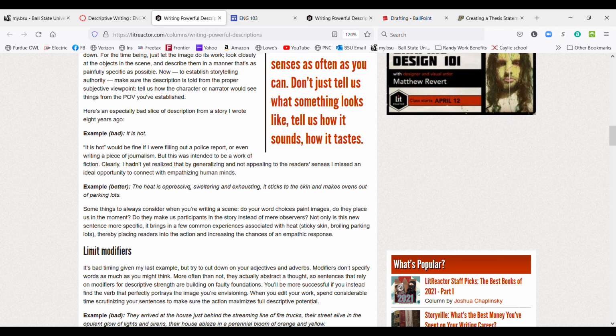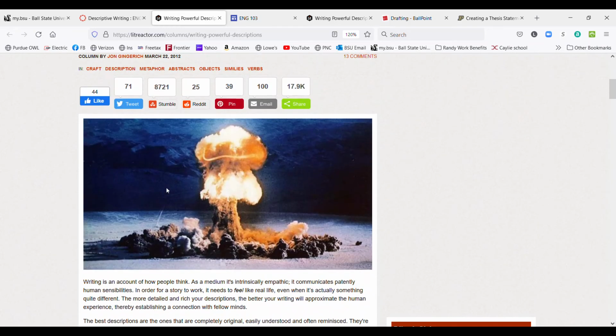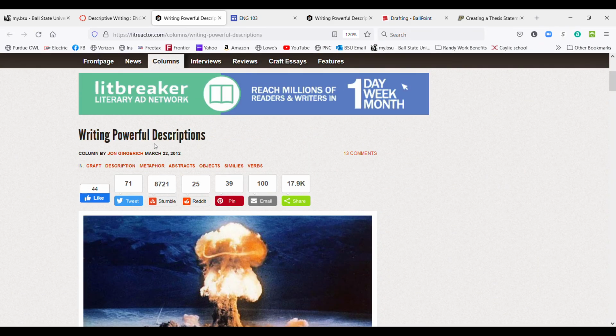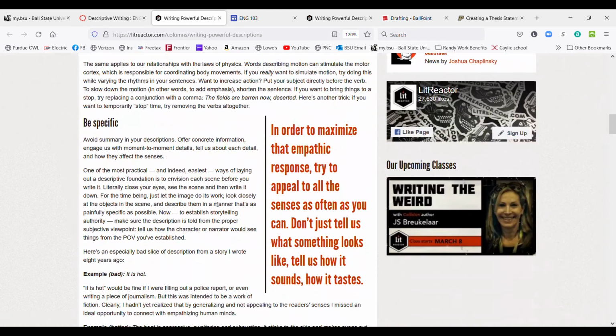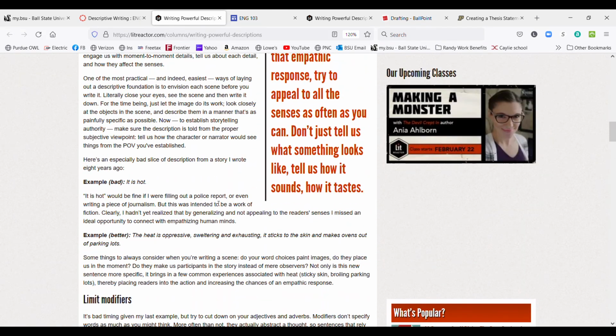And how oppressive. You just want to sit there. You don't want to move. That is what I'm talking about when I talk about the thick description, right? And how writing powerful descriptions. That's powerful. That really makes you think, right?